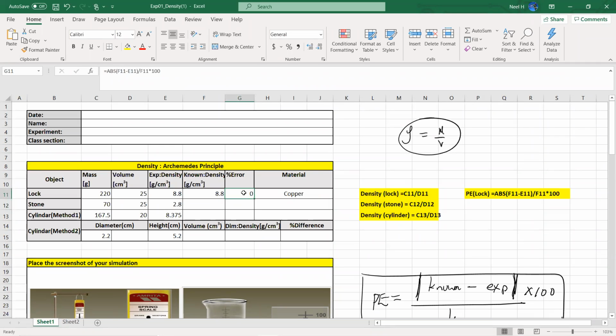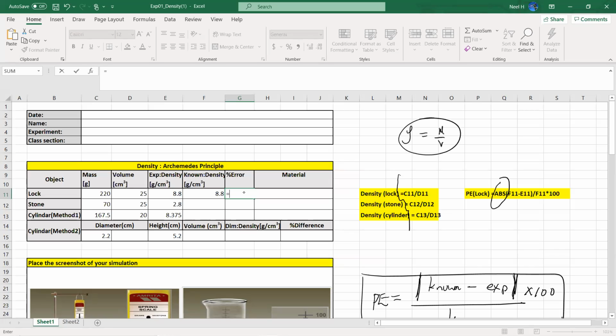Then let's do the percent error again. Equal sign. Everything must always start with the equal sign. ABS represents the absolute value. All the commands I usually copy and paste. You can see every command starts with an equal sign, and afterward these are the commands for a particular calculation.